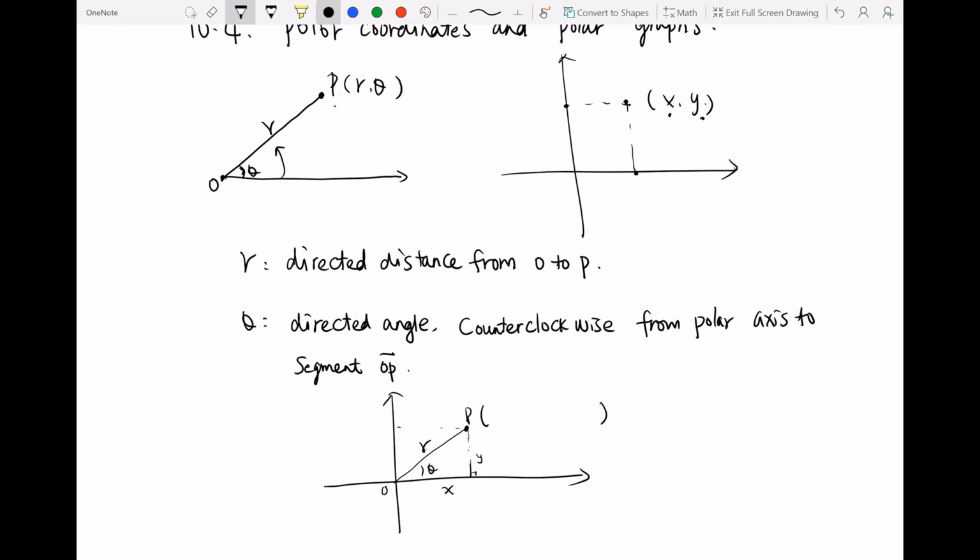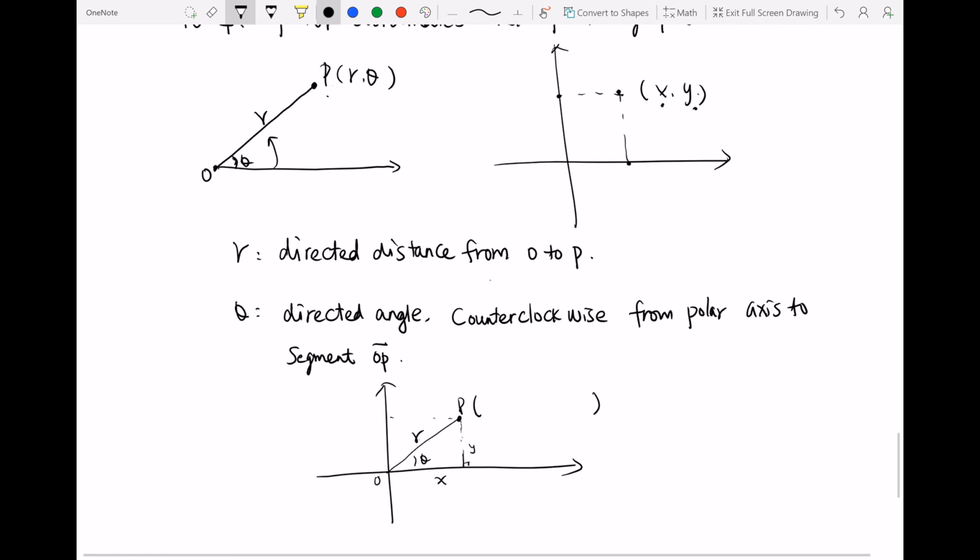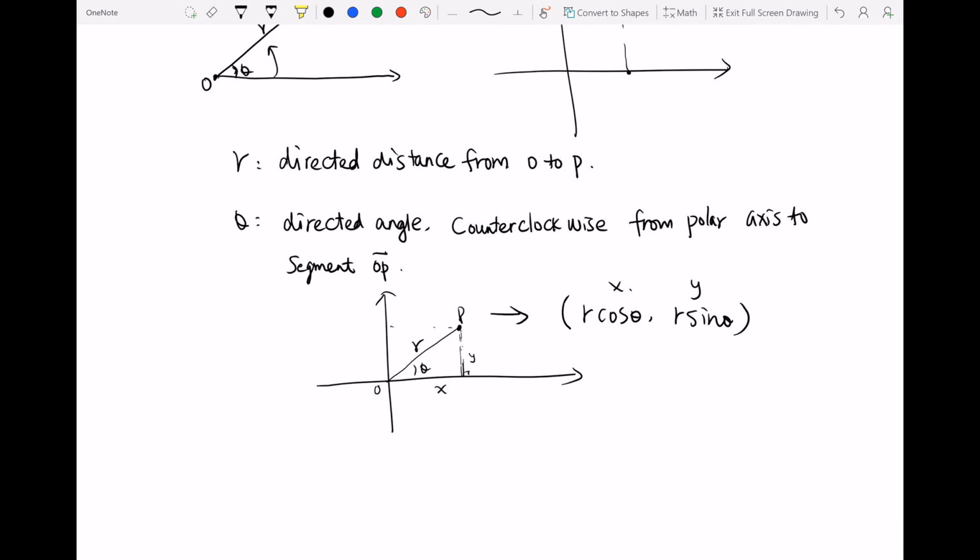Give you r, give you theta. X equals r cosine theta, perfect. Y equals r sine theta, very good. So if you convert the polar coordinates into rectangular coordinates, x is r cosine theta and y is r sine theta.